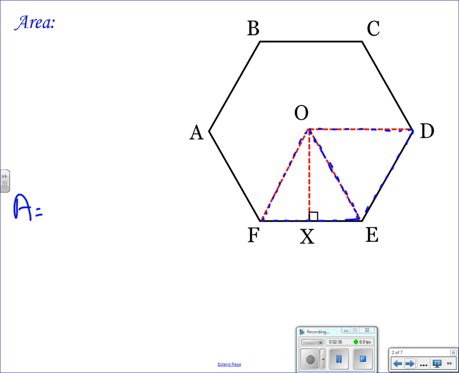So we're going to look at the area of that triangle. Well, the area of that triangle is 1/2 the base, so the side of, for example, FE. So that's the side length of one of the sides of our regular polygon, times the height, well, that's the apothem.